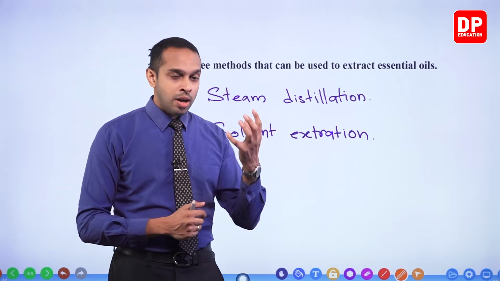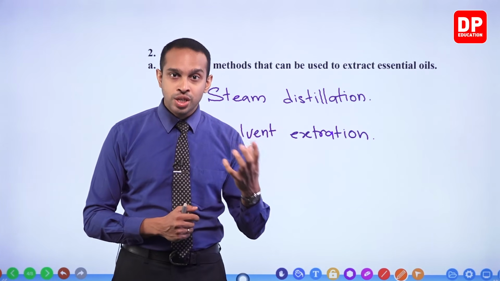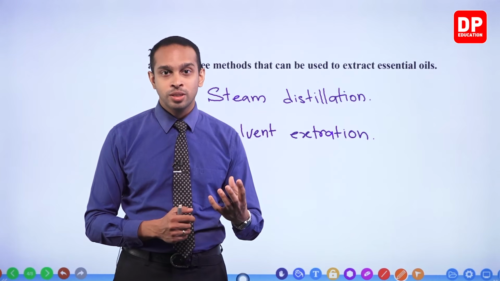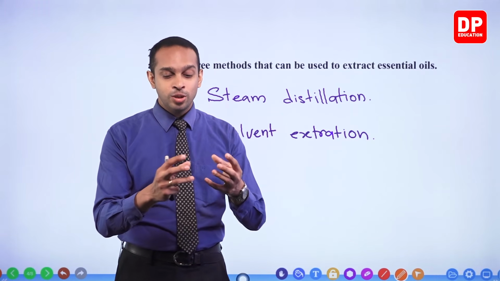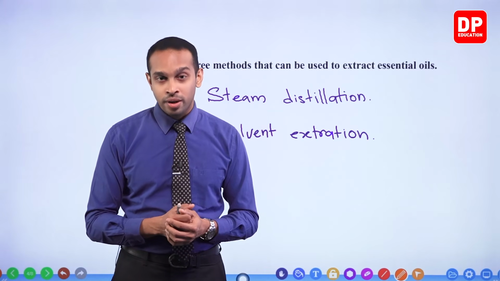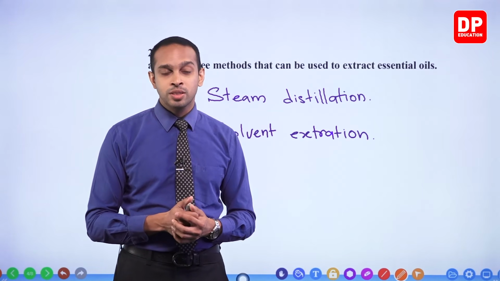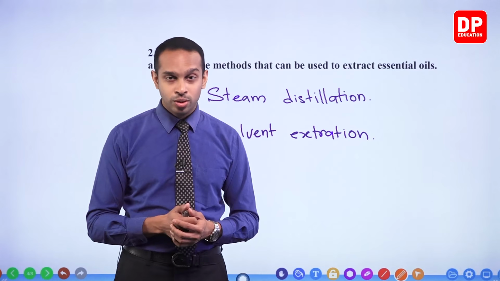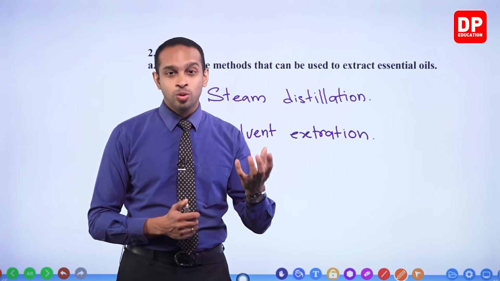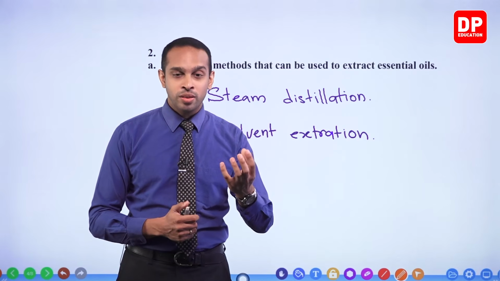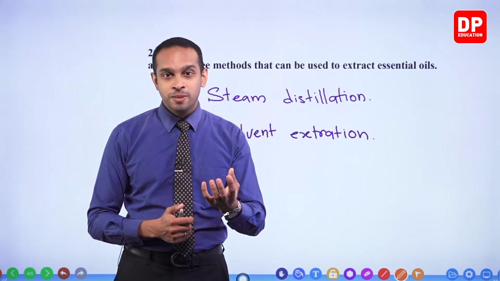And then after adding the plant material, we will shake this mixture, trying to extract most of the essential oils into the organic solvent. Now after extracting most of the essential oils into the organic solvent, we can evaporate the solvent until only the essential oil remains.